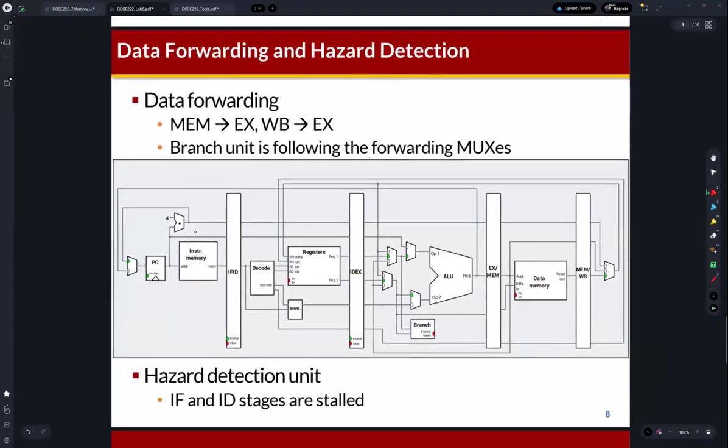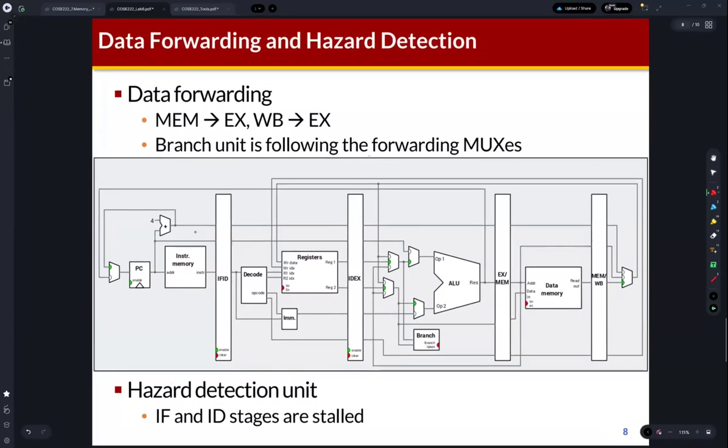So I think this is the tricky part in this lab assignment: data forwarding and hazard detection, right? So actually, in chapter 4, we learned about data forwarding.